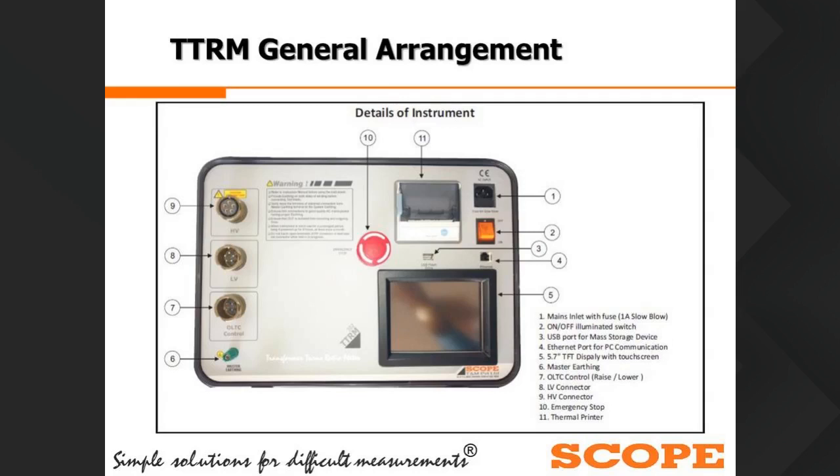Then Ethernet, to connect the instrument to the PC for data downloading, uploading, and report creation with the help of software. Then a USB port for data storage. So USB and Ethernet facilities are there.